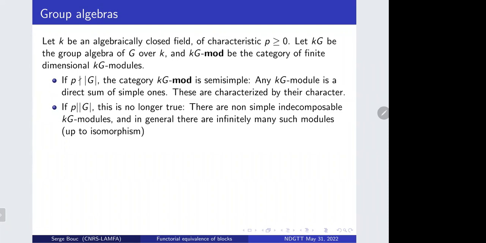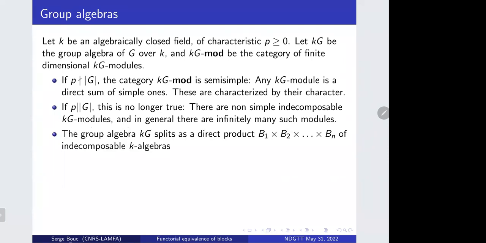So let me come back to the group algebra. What can be said in general is that we can try to split this algebra as a direct product of indecomposable K-algebras, algebras that cannot be split non-trivially as a direct product.